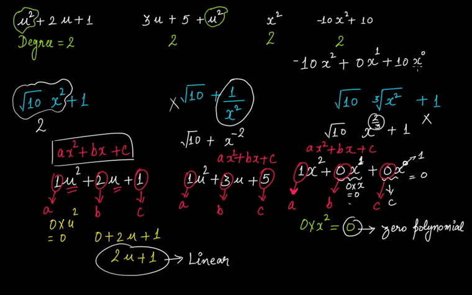That is 10 multiplied by 1. So ultimately you'll get 10 here. So minus 10x squared plus 10, right? In this case, your a is minus 10, your b is 0, and your c is 10. A cannot be 0, b is 0 here, c is not 0, but c can be 0. That is the point, okay?